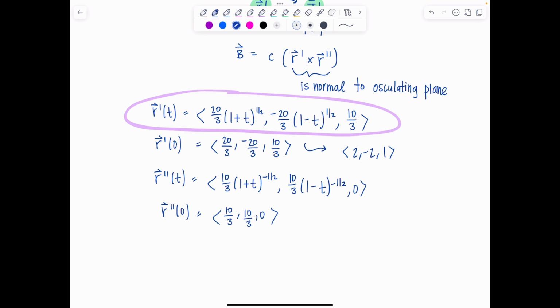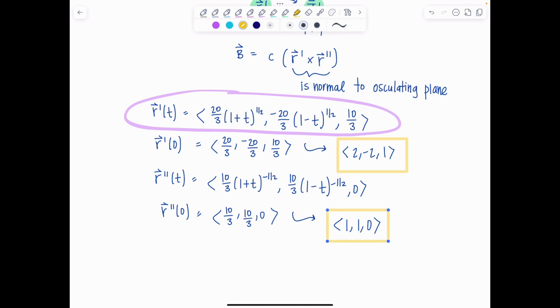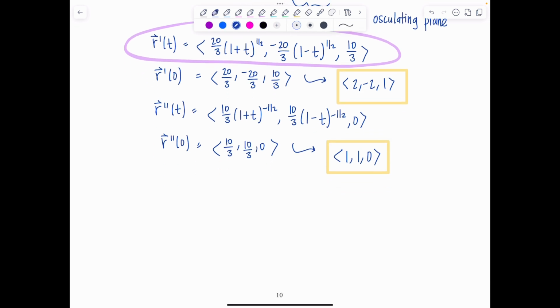You think I'm going to use that for my cross product? No way. 1, 1, 0. That's where it's at. So I'm going to cross these two vectors. They are scalar multiples of r prime of 0 and r double prime of 0. So their cross product will give us a vector that is still normal to the osculating plane.